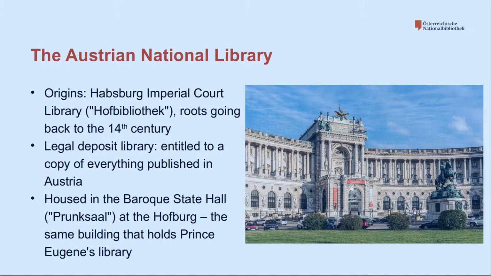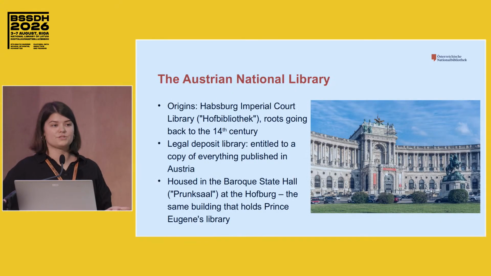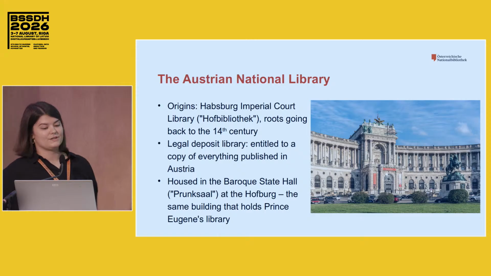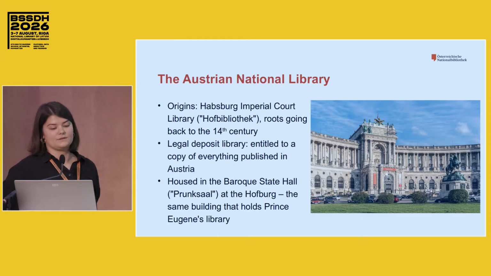The job of the National Library today is that it's a legal deposit library, so everything which is published in Austria goes to the National Library as a copy. And as you can see in the picture, it's situated at the Hofburg, and for example, it also holds the Prince Eugene's Library, which we will later talk about.